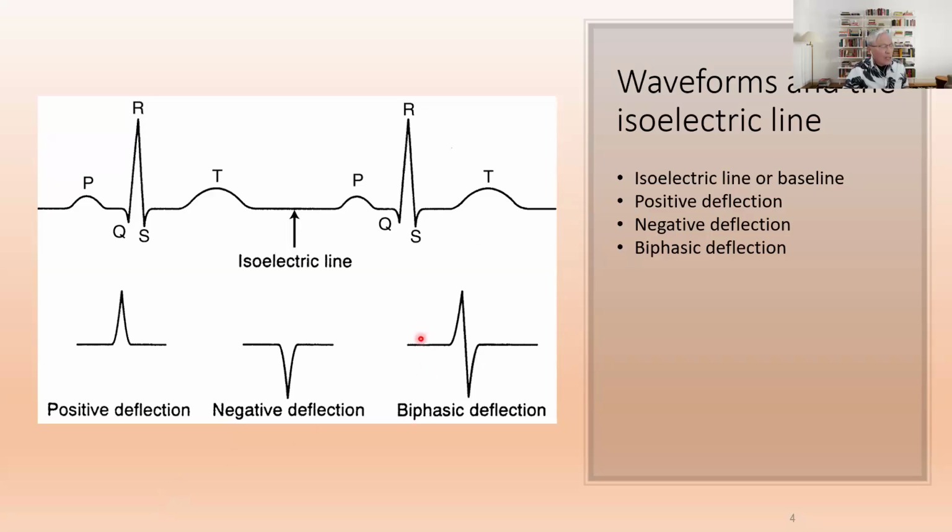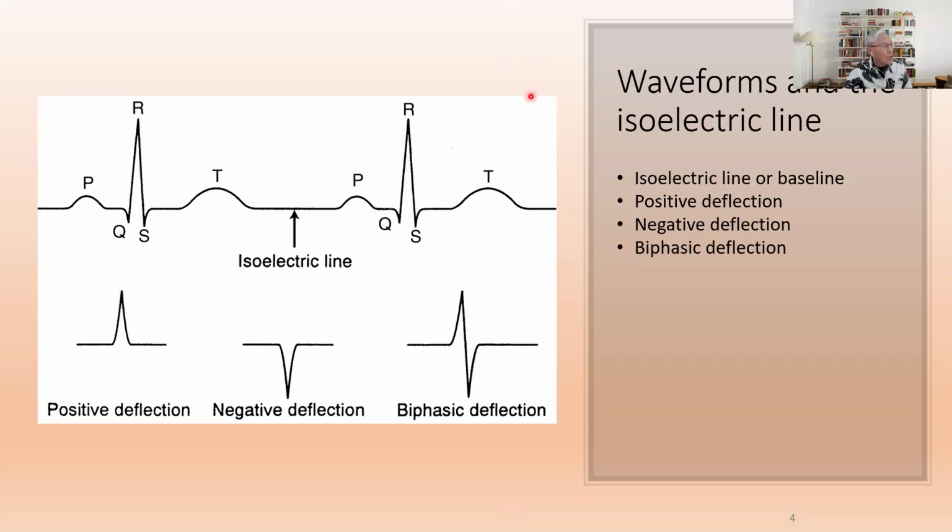And lastly, it could be going up and going down, and it is called a biphasic deflection. Now, some electrocardiograms are going to be seen as positive deflections. Some of them are going to be negative deflections or biphasic deflections. They do not necessarily represent an abnormality. It just depends on which area of the heart you're viewing it from, okay?